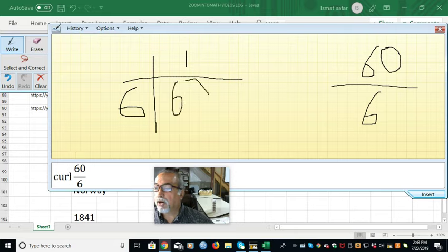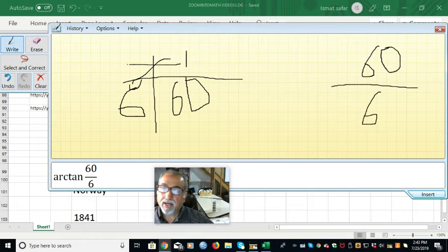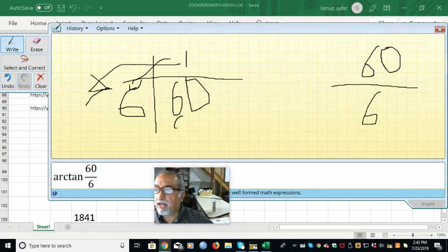We multiply this 1 times this 6 to complete the division. So 1 times 6 is 6. The answer is 6 over here. So we subtract 6 minus 6, which is 0.